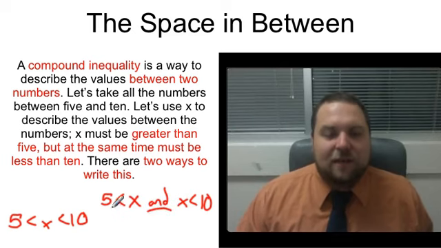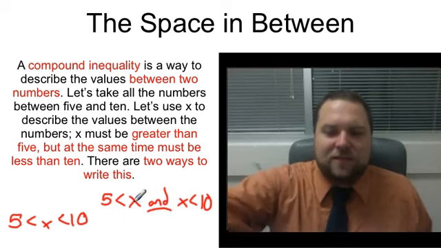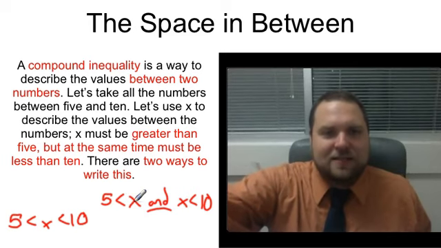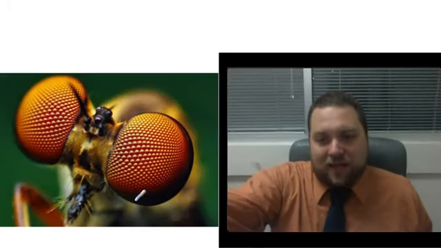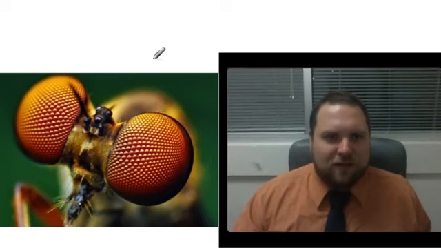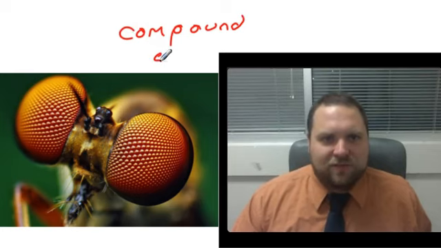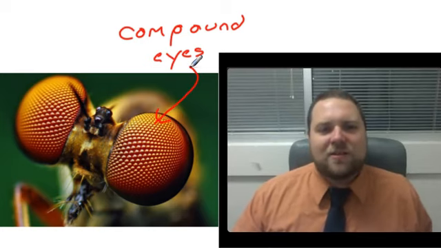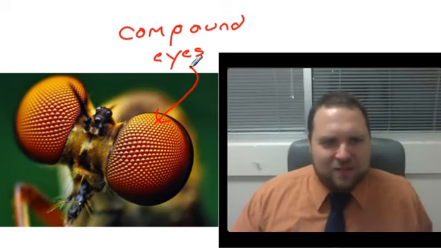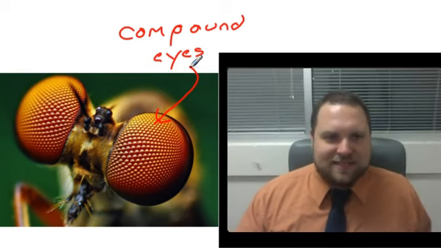These are called compound inequalities, and the reason takes us back to our bug eyes, which I'm sure you were just hoping that I forgot. The eyes on this bug are what are called compound eyes. If you've ever tried to swat a fly, you know it feels like they have a sixth sense, like no matter where you're standing compared to them, they know you're coming. The reason is these compound eyes.